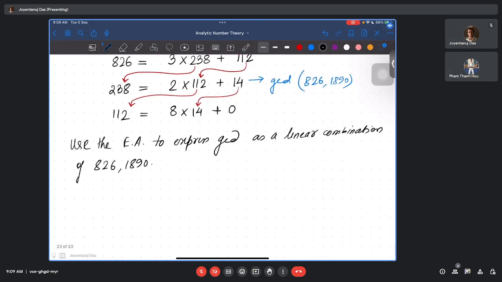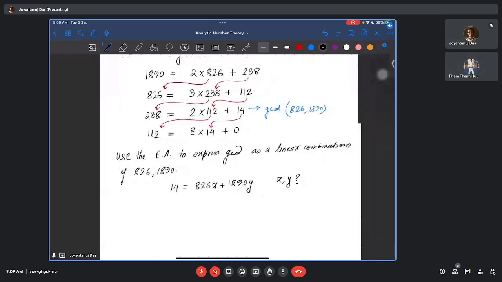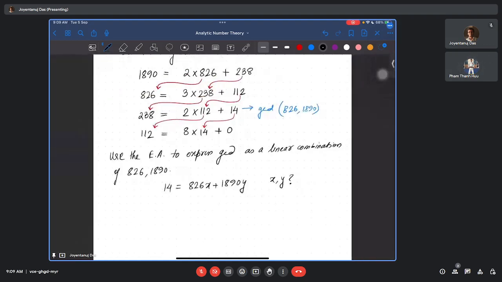So I want to find 14 equals 826x plus 1890y, this type of expression. So what will be x and y? Right. So we can use the Euclidean algorithm, right? So let me show you.